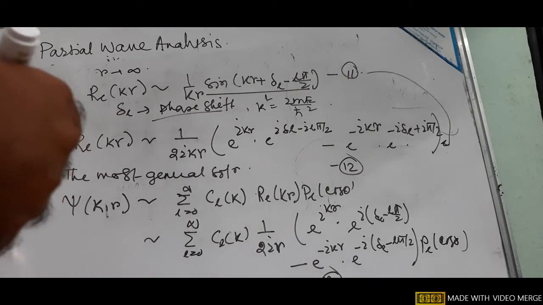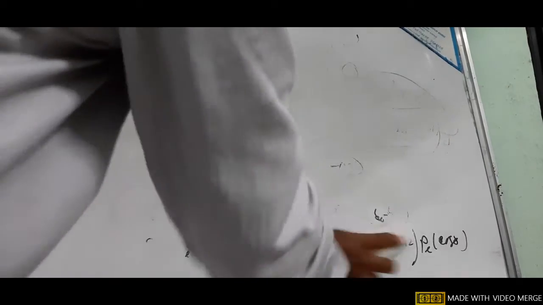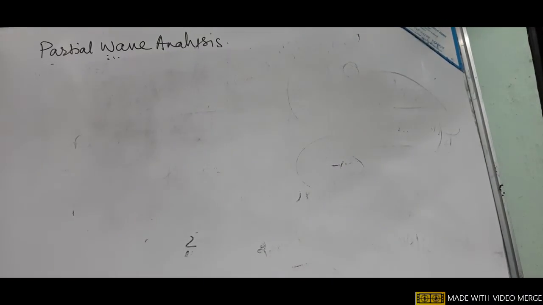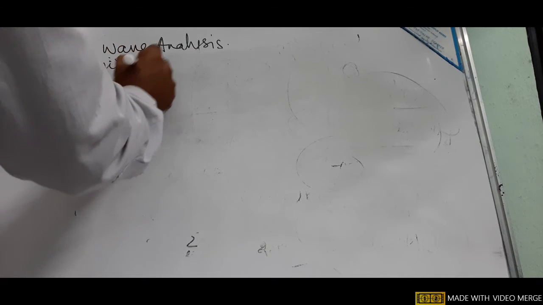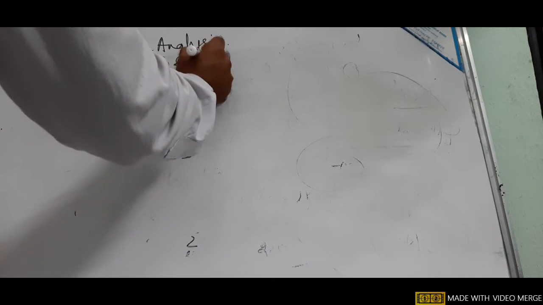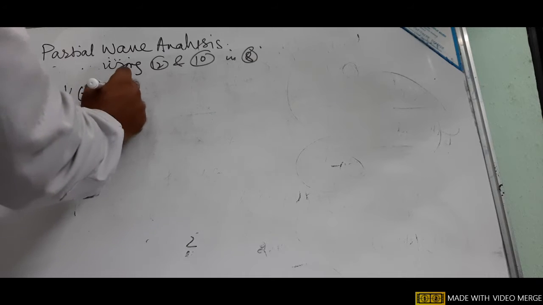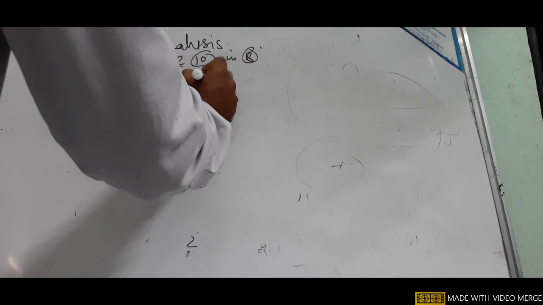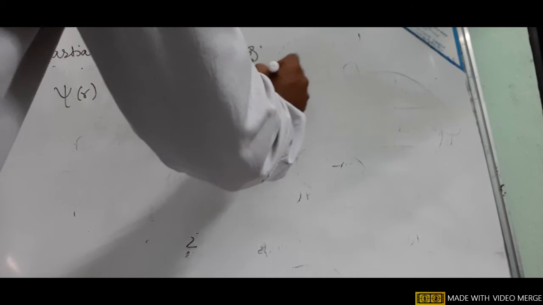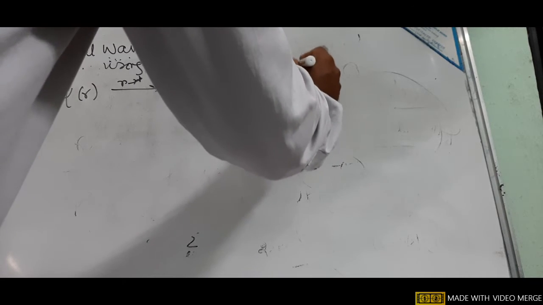So we can write this using equation 12 and 10 in 8. So psi(r), as r tends to infinity, is e to the power i k dot r plus f(theta) e to the power ikr by r.